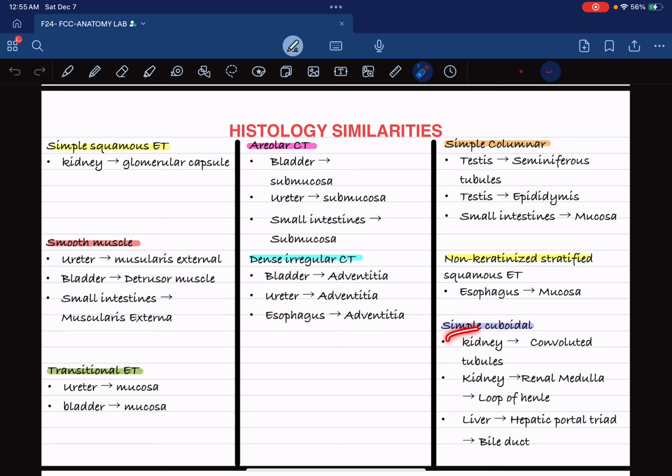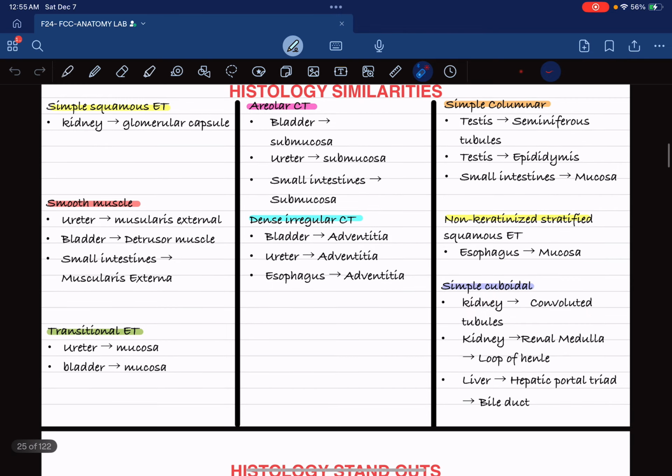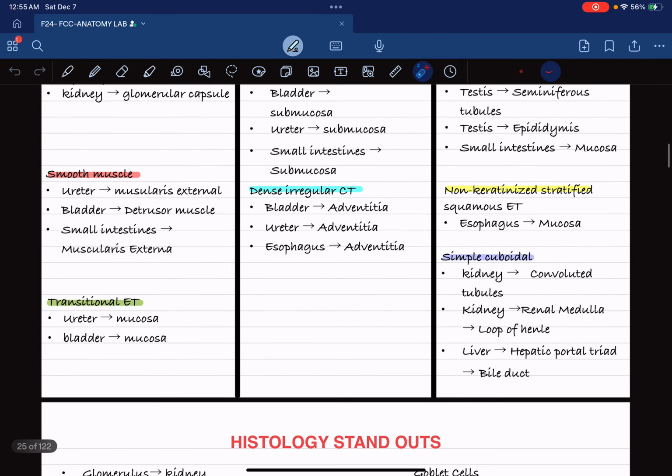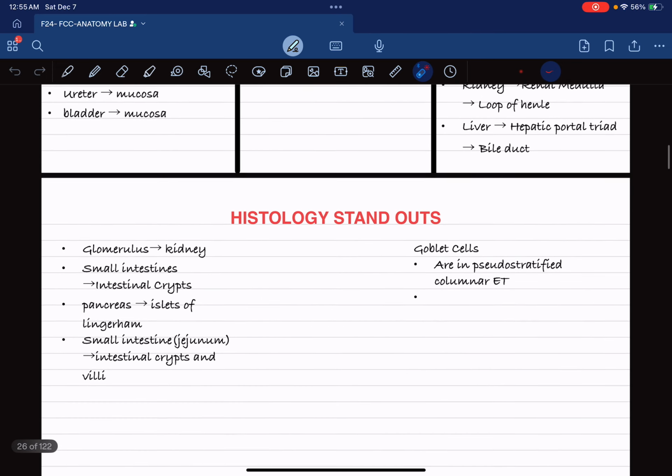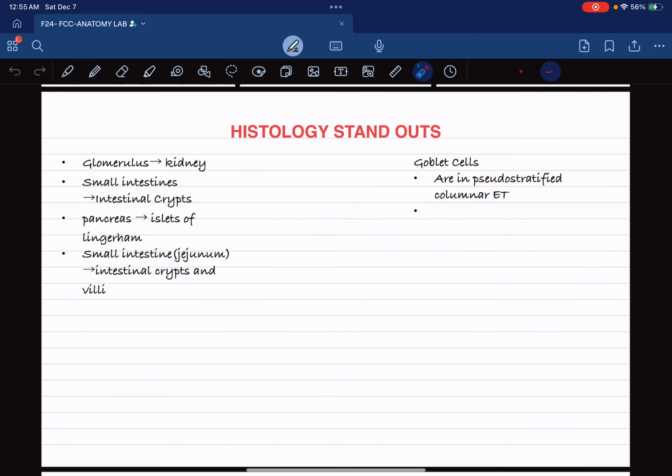Or simple cuboidal, you know that there are in the kidneys, there's convoluted tubules. Some things that stand out: if you were asked to go find a glomerulus, to go look at the kidney. Or if you were told to find the islets of Langerhans, to look at the pancreas.